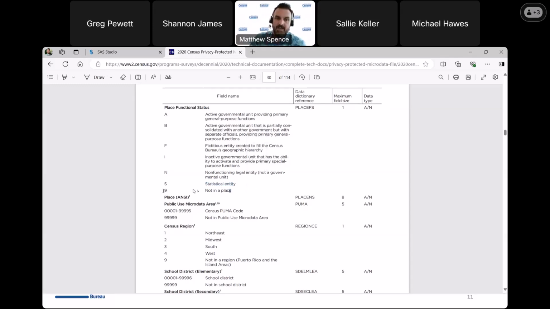And then finally, 9 would be not in a place. So there are places in this country that are not places. That's funny. But yes, there are people who live outside of an incorporated place or a census designated place. So that is the best place to learn about place.